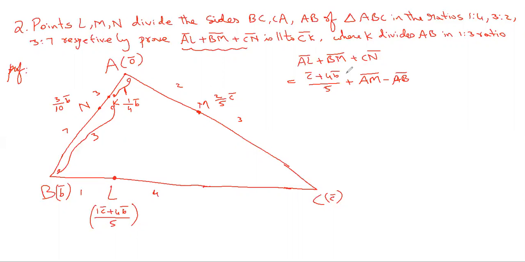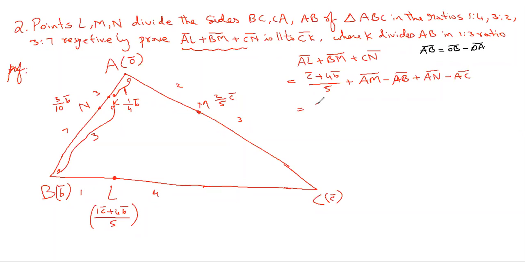That's the position vector formula: AB bar equals OB bar minus OA bar, a well-known formula that we use frequently in vector algebra. O is origin, so we write OB bar minus OA bar. Here A is the origin, so AM bar minus AB bar. In the same way here, AN bar minus AC bar.